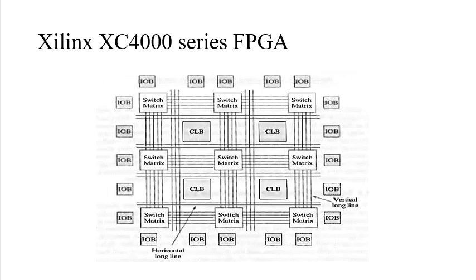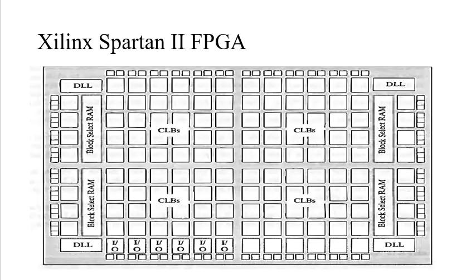Next, the CLB, configurable logic block, is used for design configuration. The design has to be converted into small subblocks, and each subblock is loaded into the CLBs. This is the Xilinx XC4000 series FPGA, and from this we go to the Xilinx Spartan 2 FPGA.